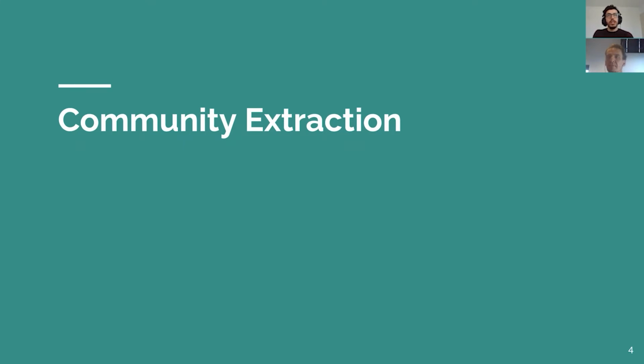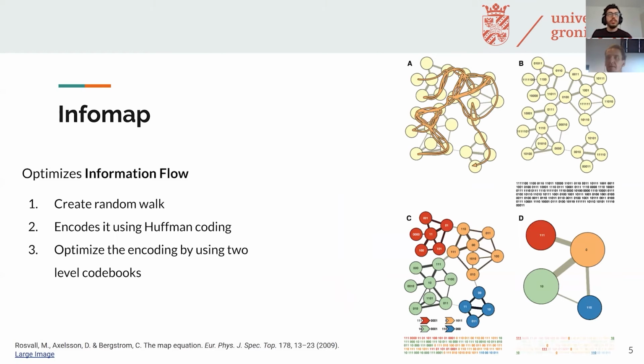So how do we do the extraction of the communities? We use two different algorithms that we want to evaluate. The first one is InfoMap, which is an algorithm that works on the optimization of information flow. A community is a set of nodes where information can easily flow inside this community.